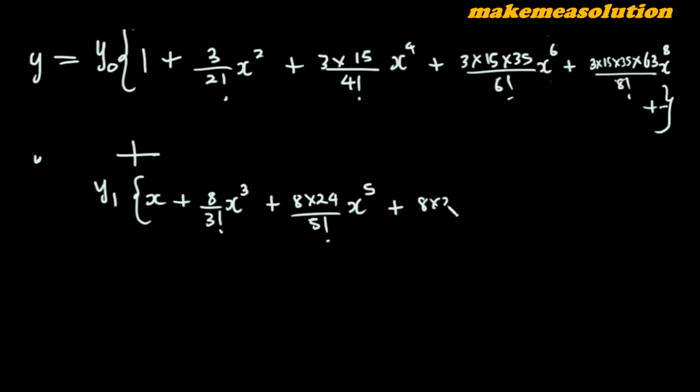So 8 times 24 times 48 over 7 factorial x raised to the power 7.